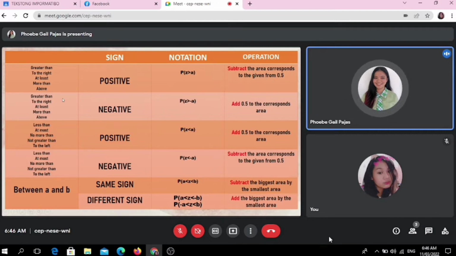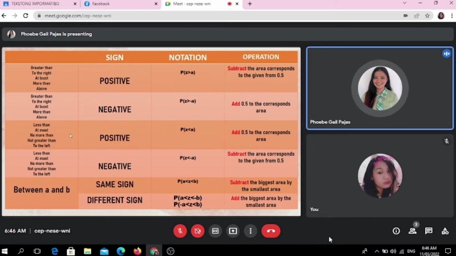Another condition: greater than, to the right, at least, more than, above. The sign is negative. The notation is probability of z is greater than negative a. Then, the operation that we will be using is add 0.5 to the corresponding area.